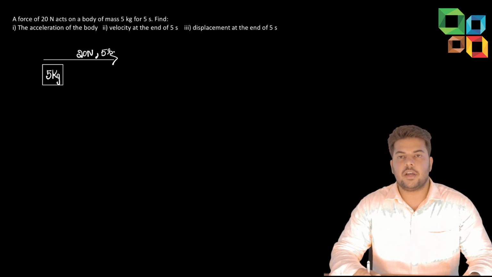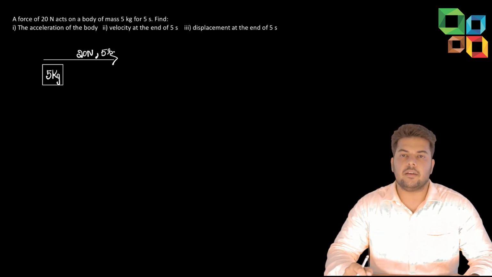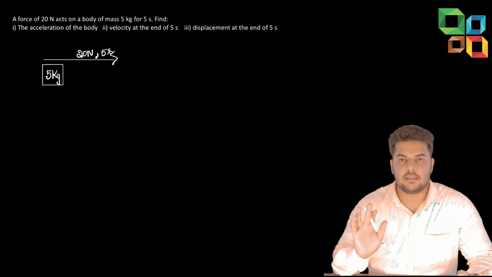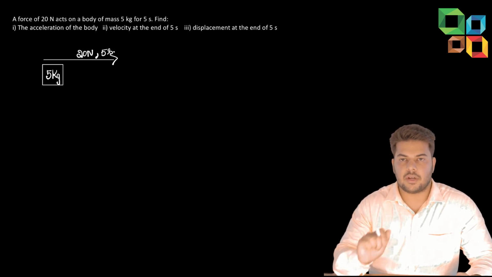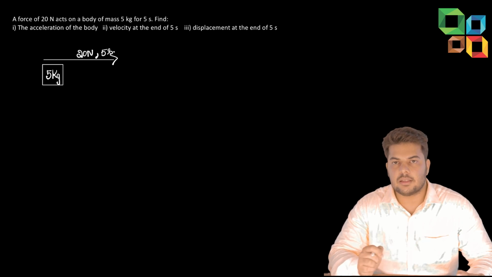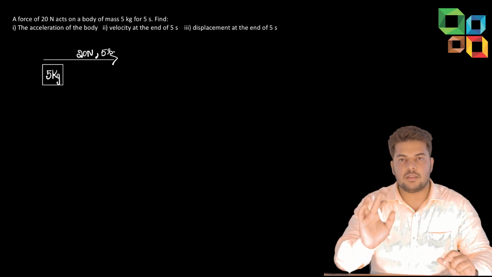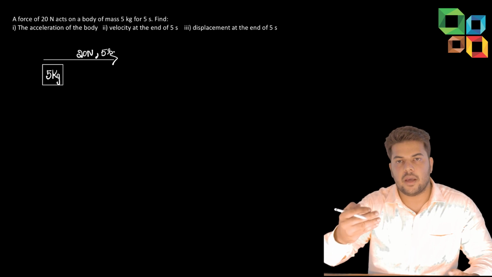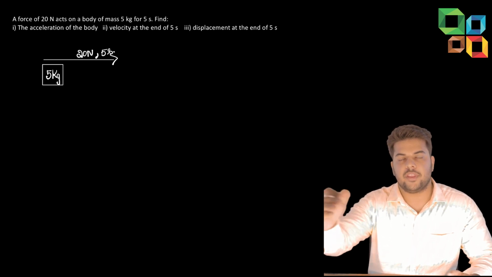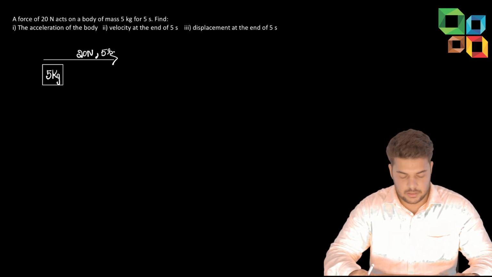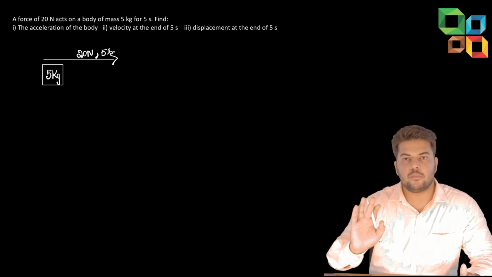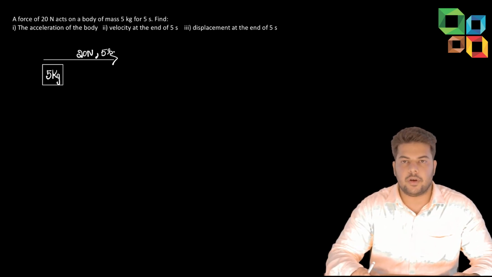So it's not like you just push the body and leave it. You know what would happen in that case. We have done the problem before this, where we push the body once and left it. So the body would acquire a speed and continue to move with that speed forever, right? So here we keep on pushing the body with a constant force of 20 Newton for 5 seconds. Okay.